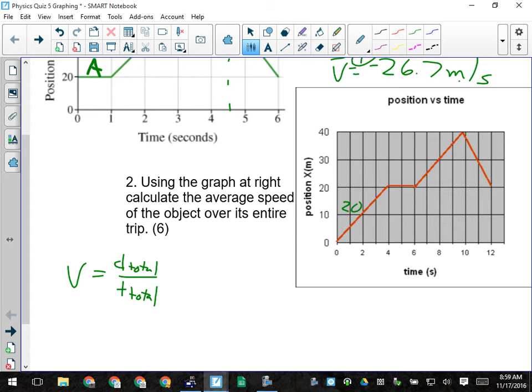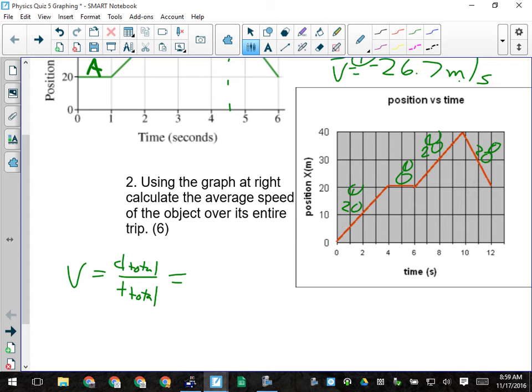I said, guys, at the start of the quiz, show all your work. There's a bunch of intermediate steps. These are the intermediate steps. They didn't do anything in that part, then went from 20 to 40, which is another 20 meters, and then another 20 meters. Otherwise they're not going to get marks for these. So our total distance here, 1 mark here, 1 mark here, 1 mark, 1 mark.